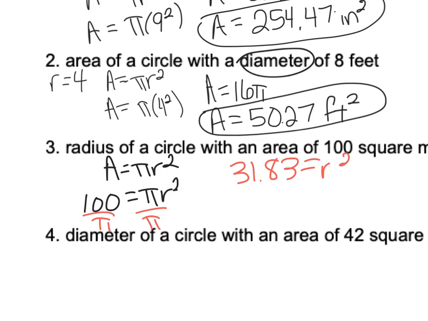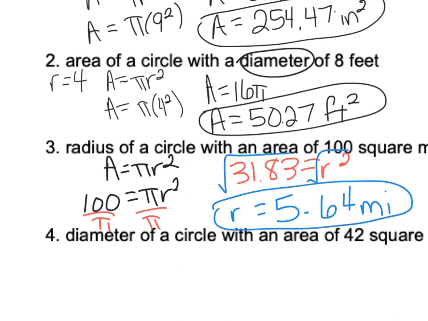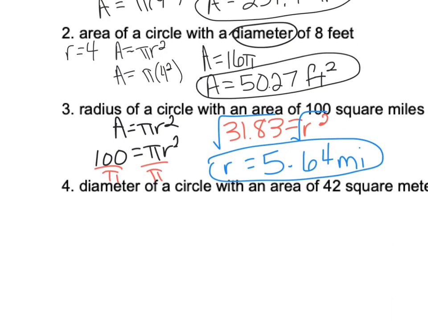And again, that equals r squared. And we don't want r squared, we want r. So to undo a square, we take the square root of both sides, and we get that the radius is 5.64 miles. And keep in mind, it's not miles squared because this is a radius, and a radius is just a length. It is not the area of anything, so we don't need to square it.